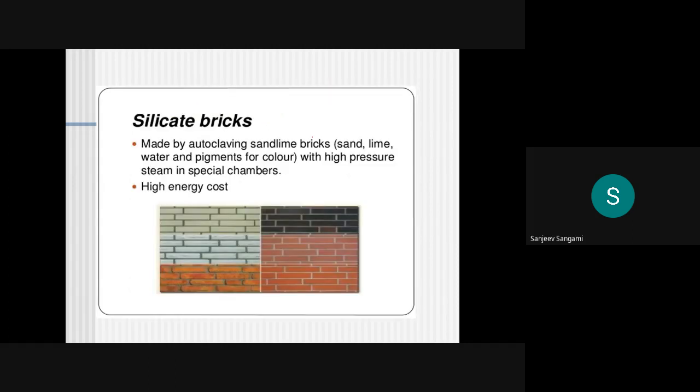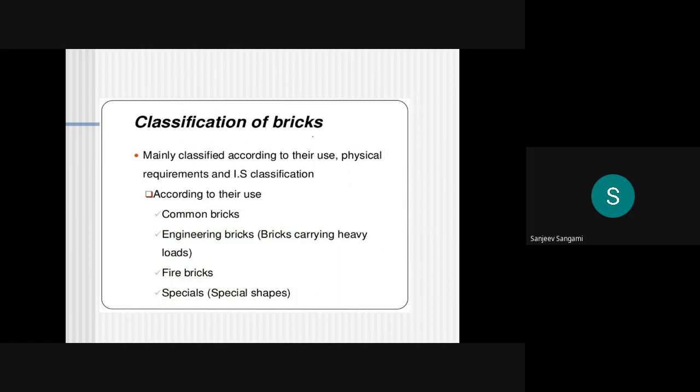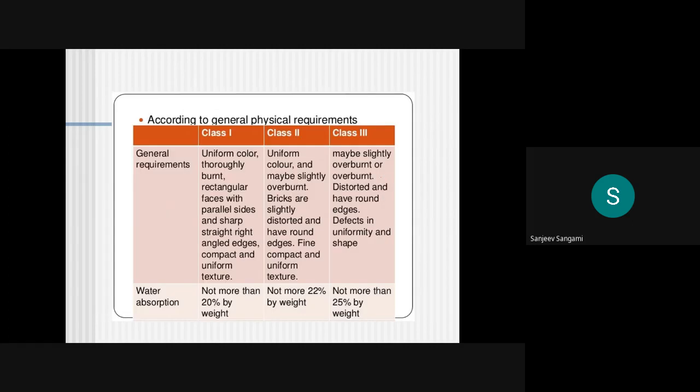Then silicate bricks. According to their use, some of the common bricks are engineering bricks, fire bricks, and special types of bricks. So what are the physical requirements? Normally there are three major classifications: class 1, class 2, class 3 bricks.